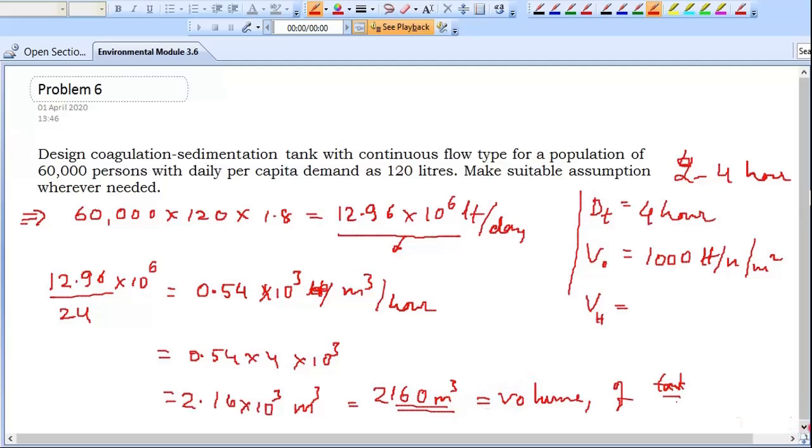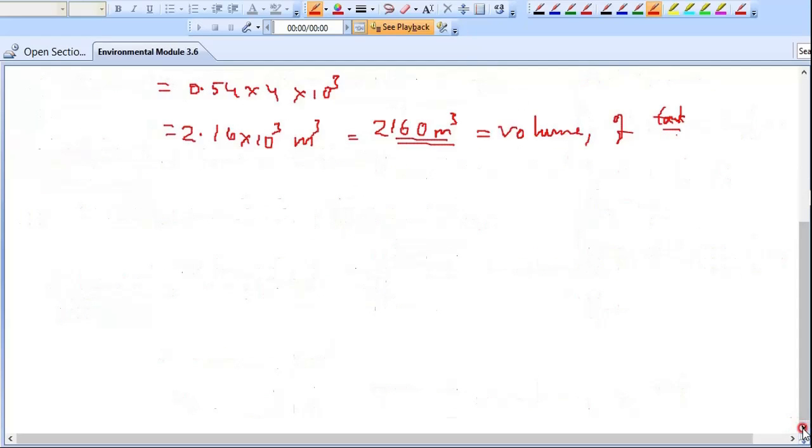Now volume is decided. Then what? You know V0. V naught equal to Q divided by BL. Q is how much?